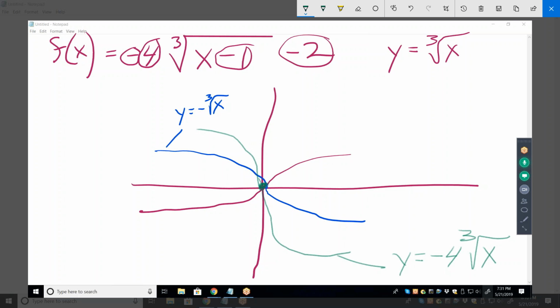So next thing to apply? Next would be the x minus 1. What does that do? That shifts it to the right 1. Again, take the only point you have and try to draw a curve parallel to the previous one.